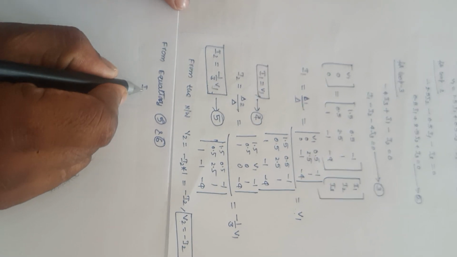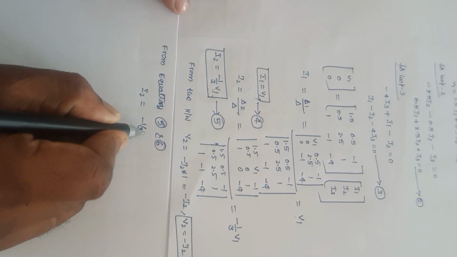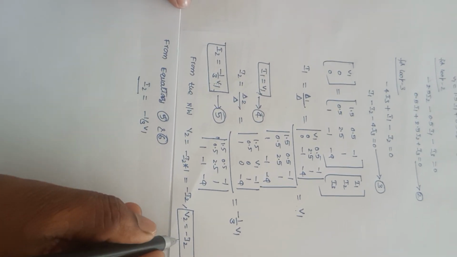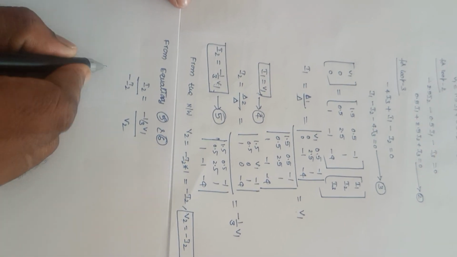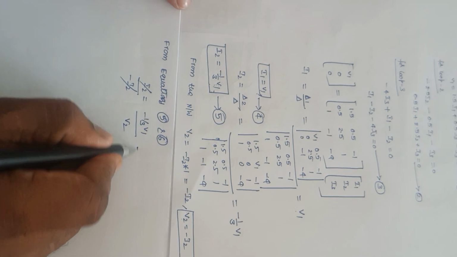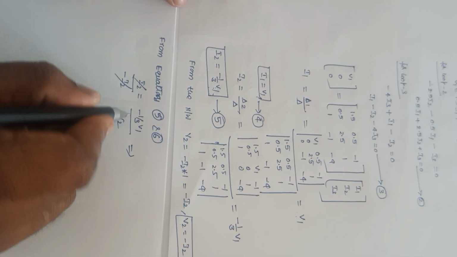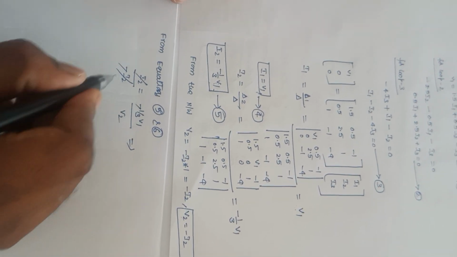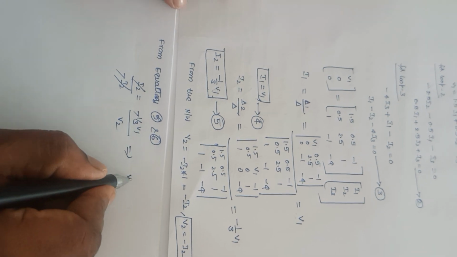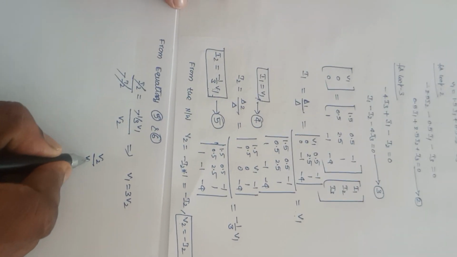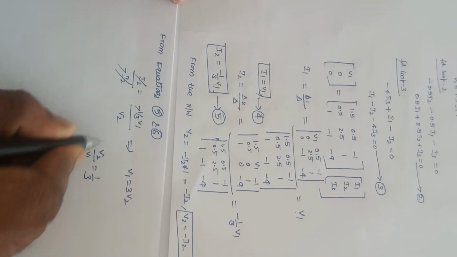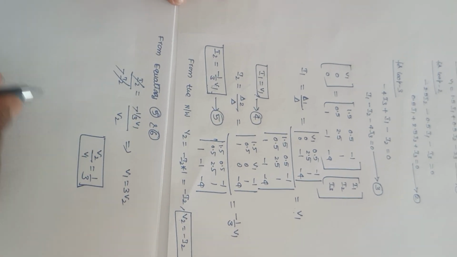I2 is equal to minus 1 by 3 into V1, divided by minus I2 is equal to V2. So this I2 will get cancelled, and this minus and this minus will get cancelled. So V1 is equal to 3 into V2. So V2 by V1 is equal to 1 by 3. So the first thing is over.